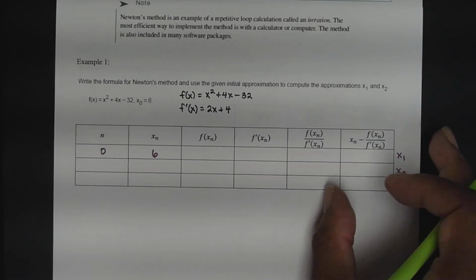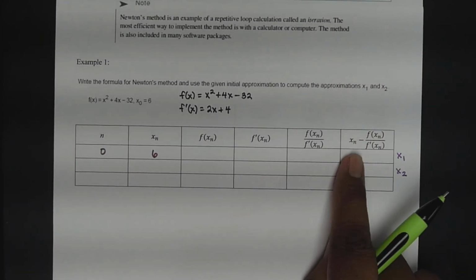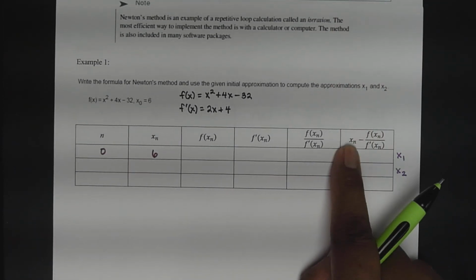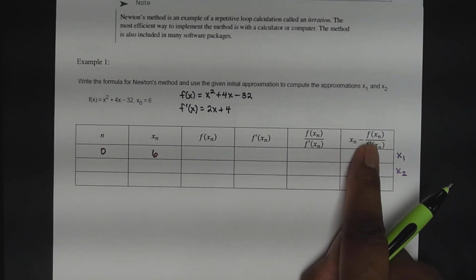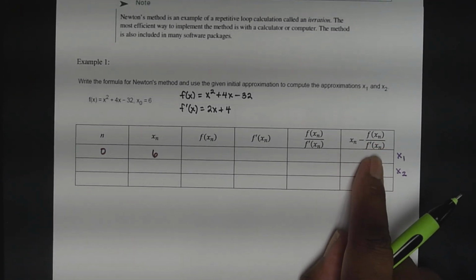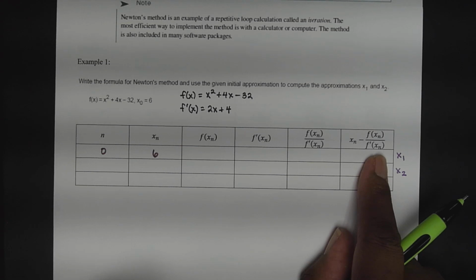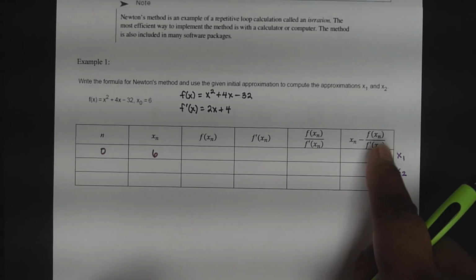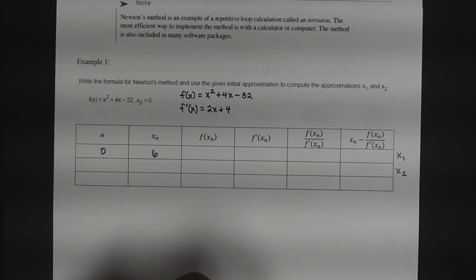Okay? And now we're going to use this right here, x of n minus f of x of n divided by f prime of x of n. And personally, I don't like those x of n's. I just keep it simple and just use x.